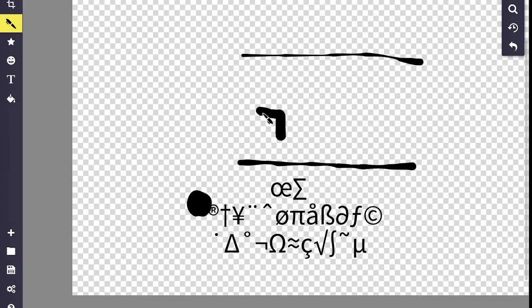What is this? What is that now? I've always wondered what that was. I'll just make it a kind of bigger version of itself.